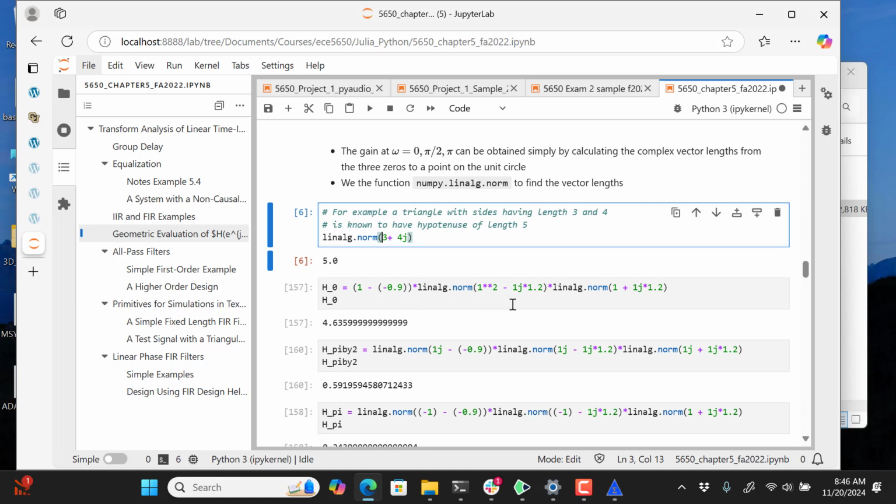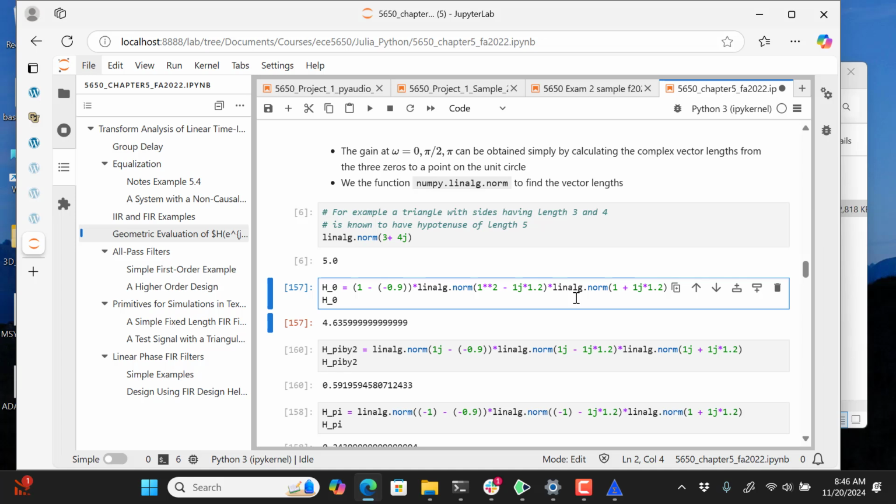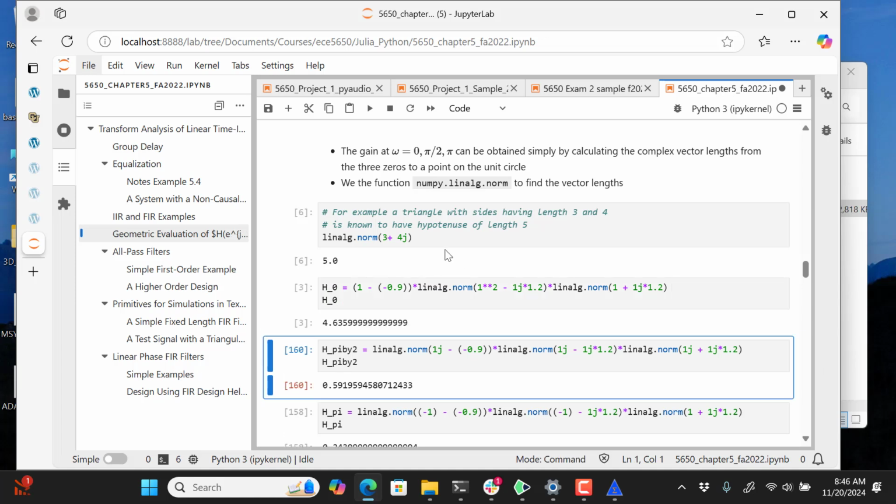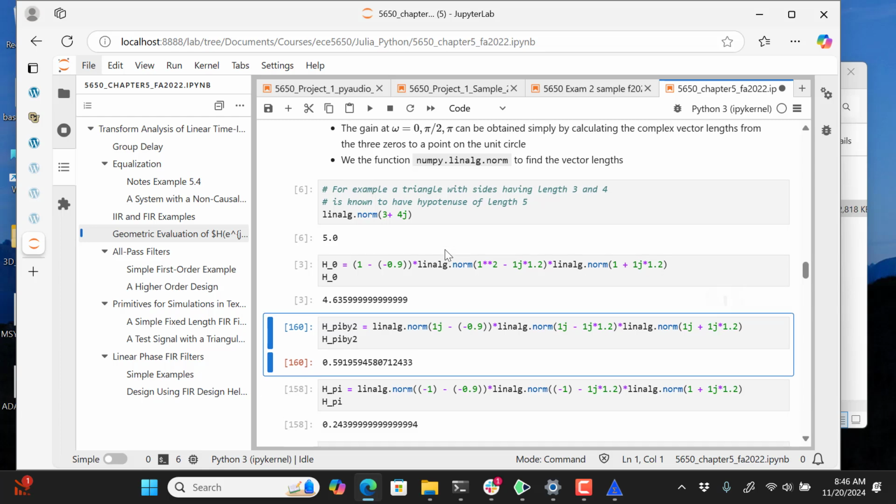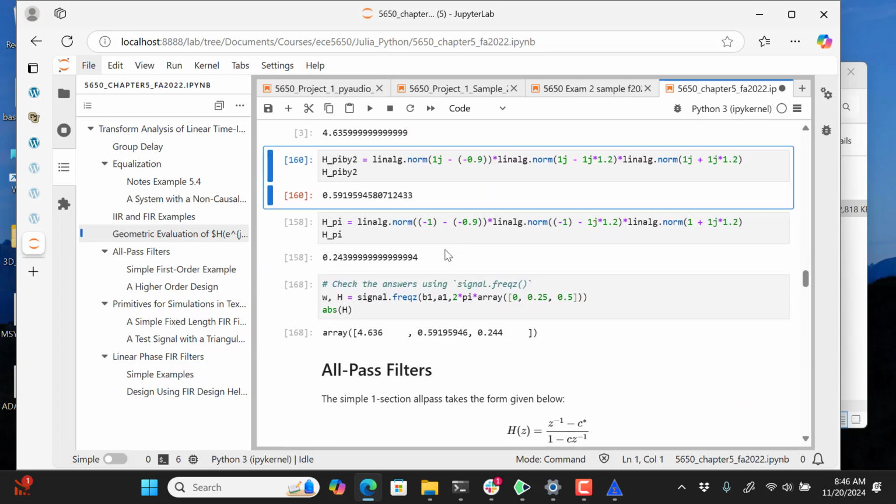So I just applied that to the problem geometry of getting the magnitudes of all of those zeros in the numerator as this calculation, and the denominator was 0. So there that is.